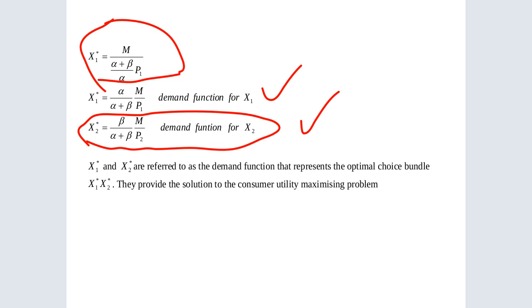So they provide the solution to the consumer utility maximizing problem. We need to understand how to derive those consumer demand functions. It's important.